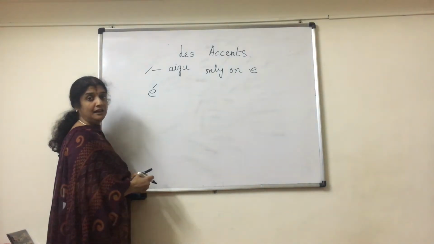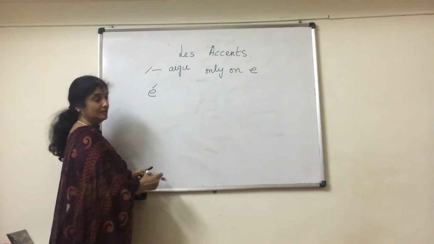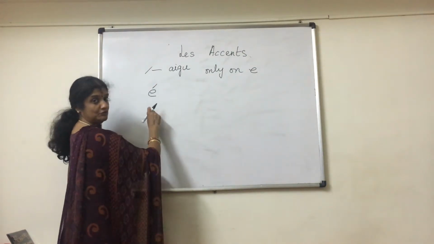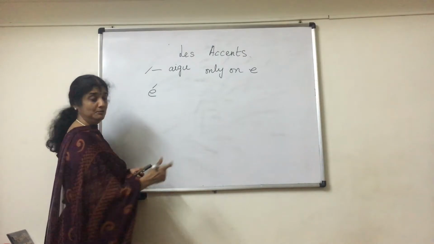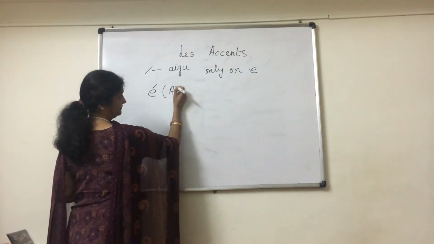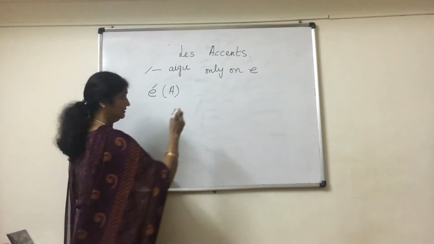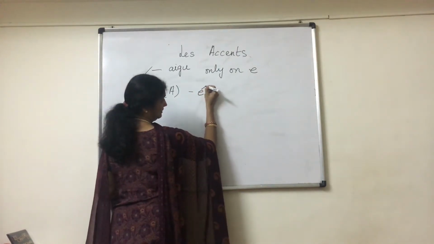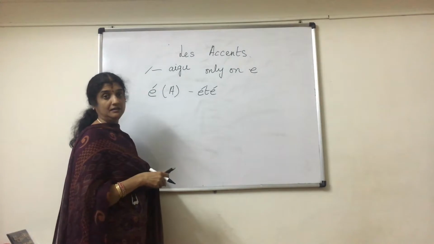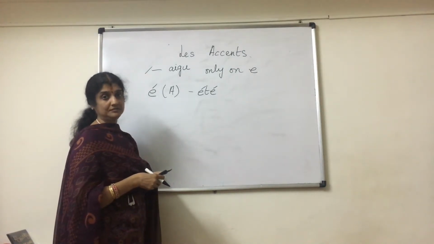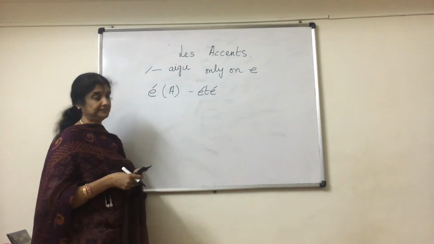So if I want an é sound in a word, then I write accent aigu on top of e. For example, été, which means summer.